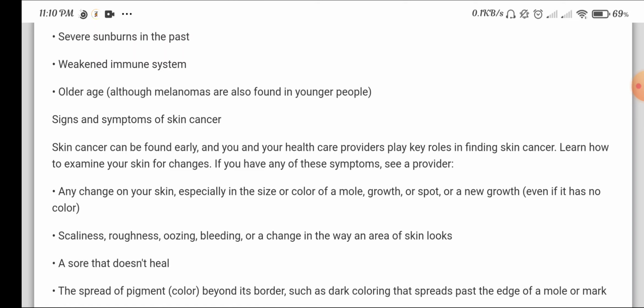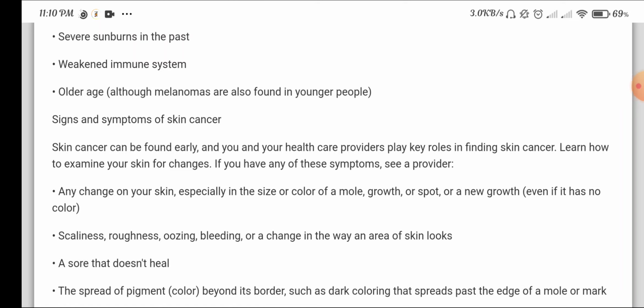Signs and symptoms of skin cancer. Skin cancer can be found early, and you and your healthcare providers play key roles in finding skin cancer. Learn how to examine your skin for changes.